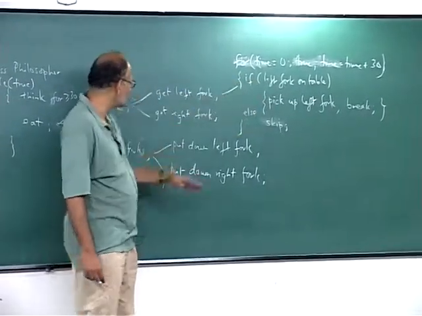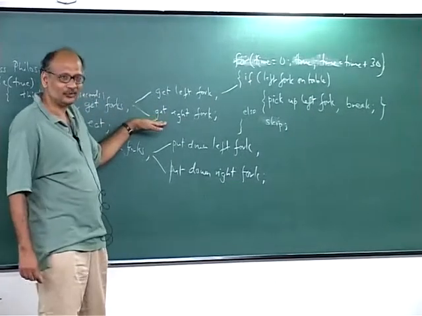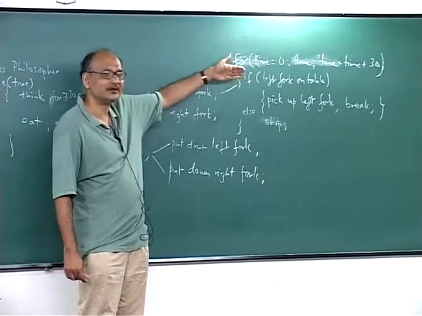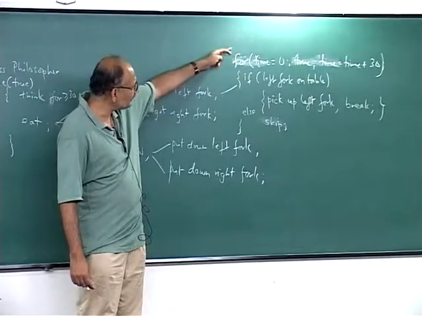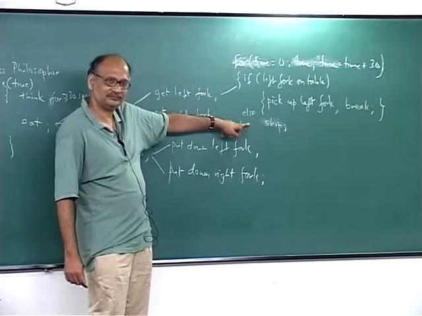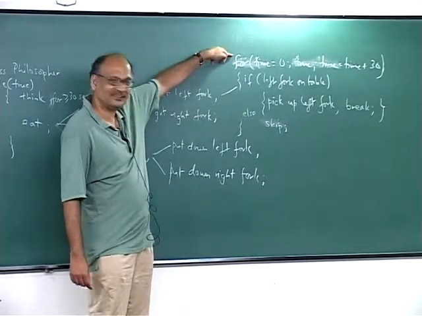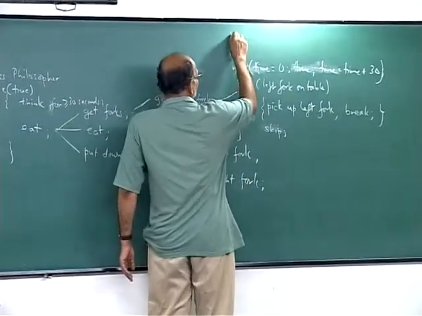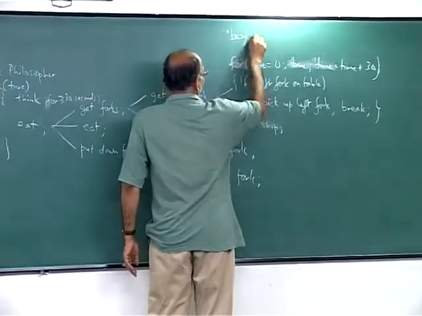They come out of this loop, and then they enter get right fork. When they enter get right fork, you face the same kind of code, but at that time the right fork is not on the table, so you skip, and then you come back here. This kind of code is called a busy wait.